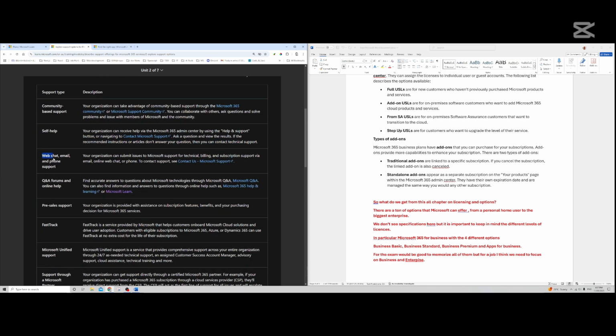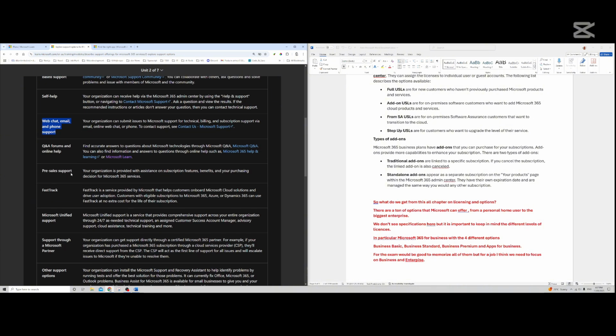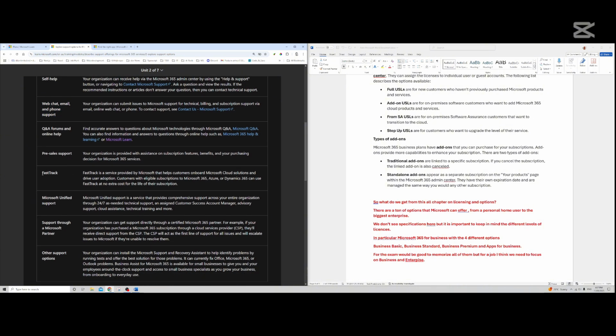There is FastTrack as well. It's a service that helps customers onboard to Microsoft Cloud solutions and drive user adoption, at no extra cost. Okay. And then other support options.